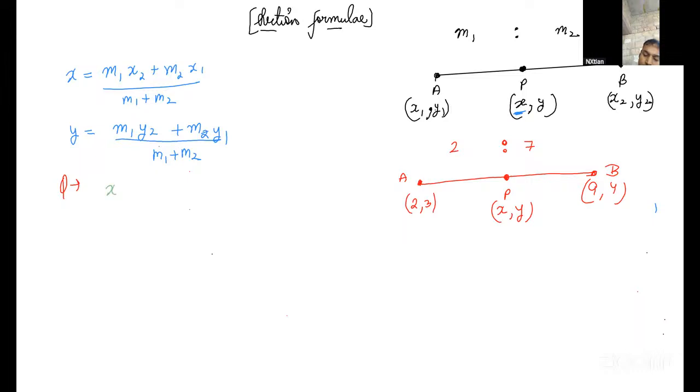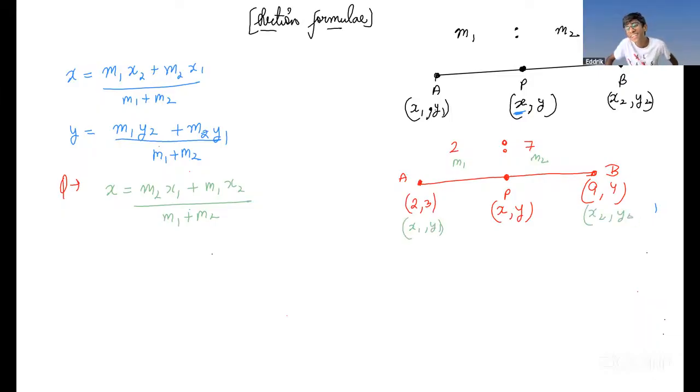X is equal to (m2 x1 plus m1 x2) upon (m1 plus m2). This is M1, this is M2, this is X1, Y1, and this is X2, Y2.